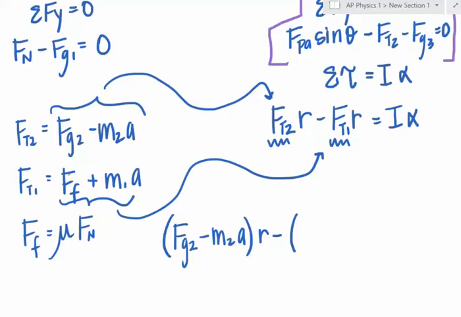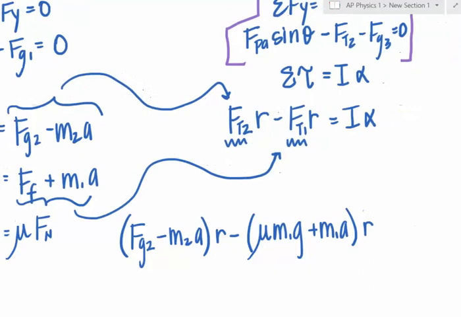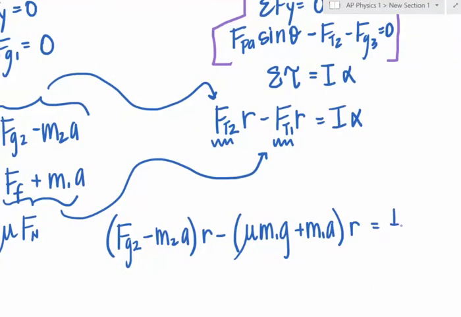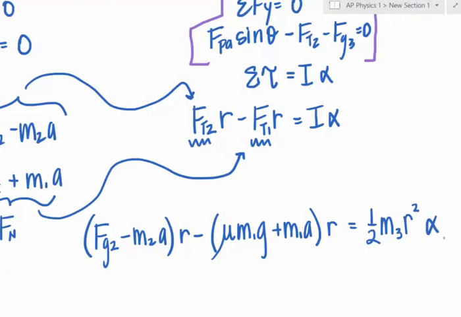Now let's do a substitution. So the force of friction would be mu times normal, and normal would be m1g, and then plus m1a, all times r. And then it's a disk, so 1/2 m3 r squared times alpha.